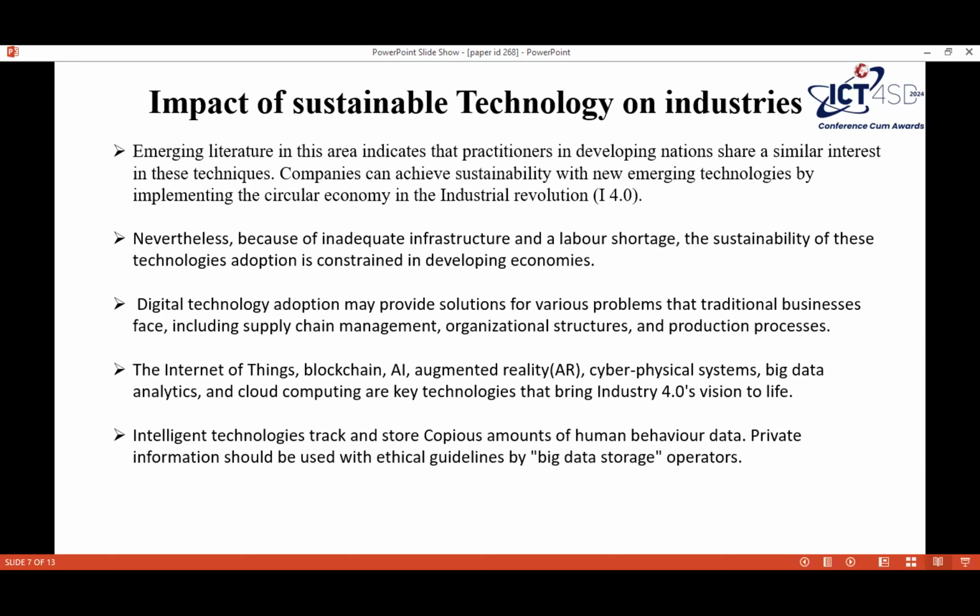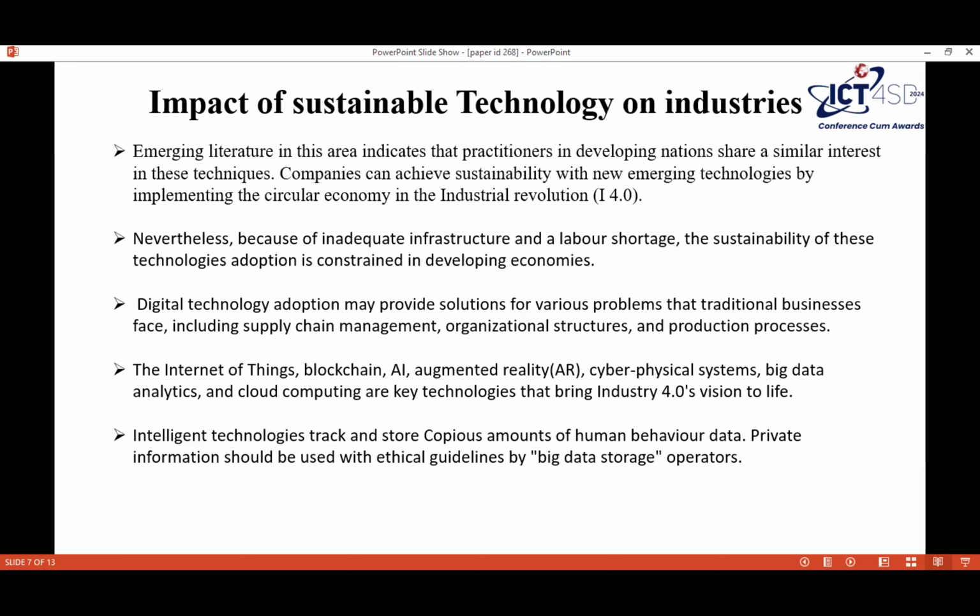Companies can achieve sustainability with new emerging technologies by implementing them in the current economy of the industrial revolution 4.0. However, because of inadequate infrastructure and labor shortage, the adoption of this technology is constrained in developing economies.